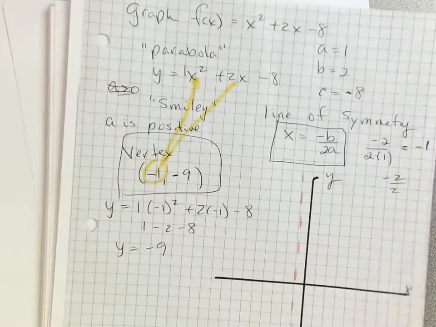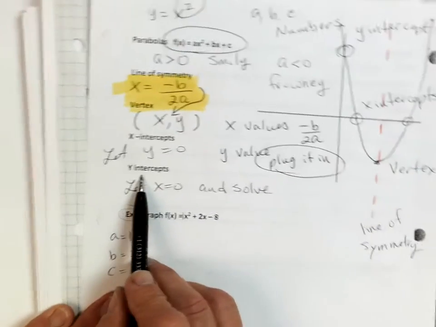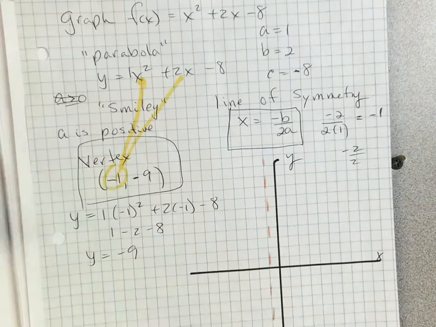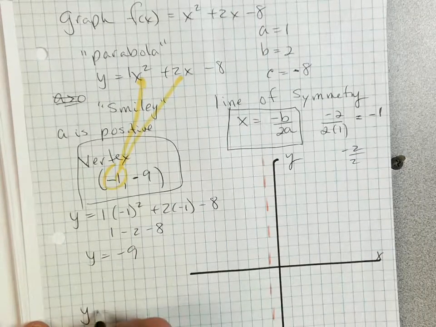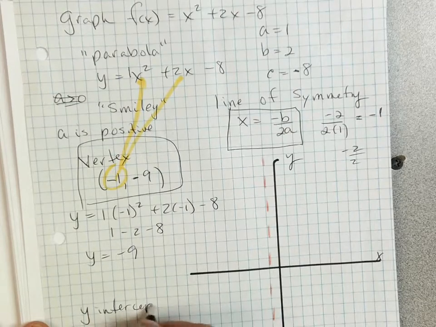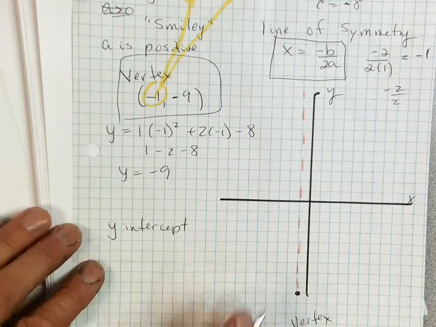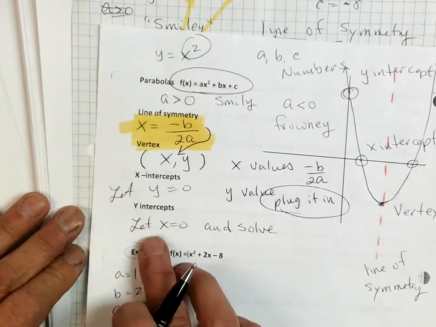So now, let's keep going. The next thing we can do is find the y-intercept. And to find the y-intercept, according to my notes, we're going to let x equal 0.